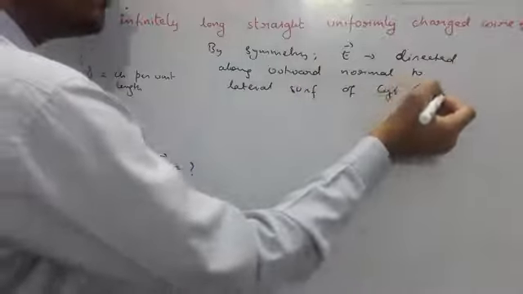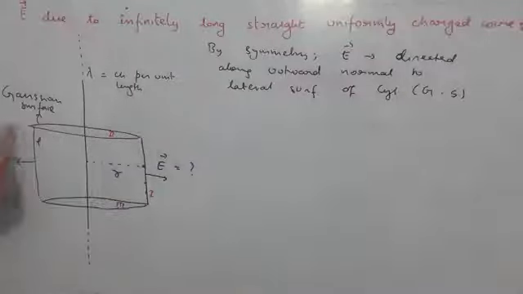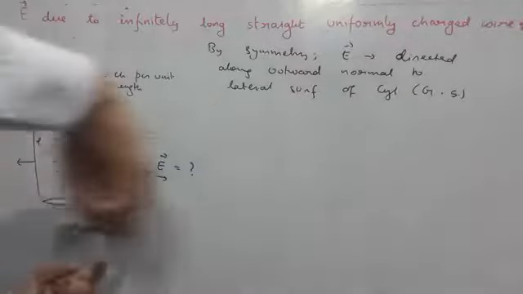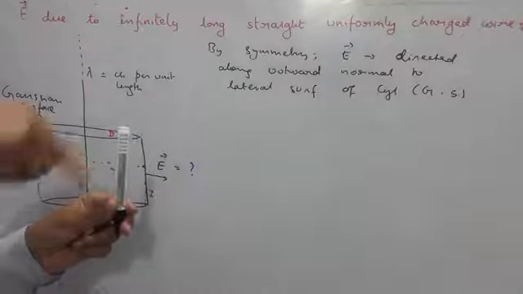That cylinder is nothing but the Gaussian surface, which I am writing as GS, G for Gaussian, S for surface. For this lateral surface, the electric field will be directed along the outward normal.